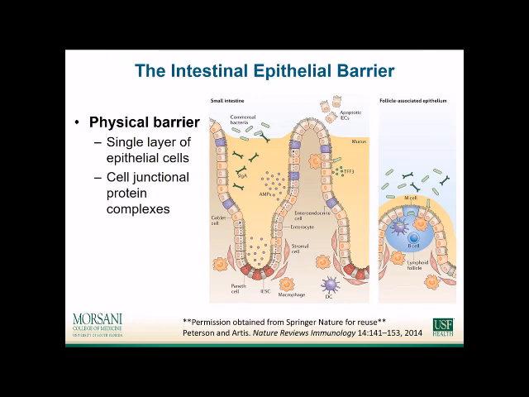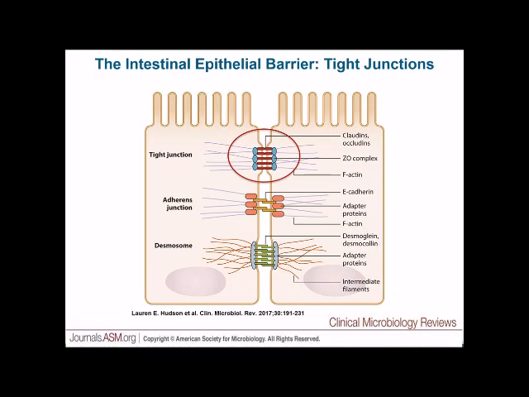In any example of problems with the intestinal epithelial barrier, we have to consider the role of the tight junctions, which protect us from bacteria or other things squeezing through paracellularly into our bodies.